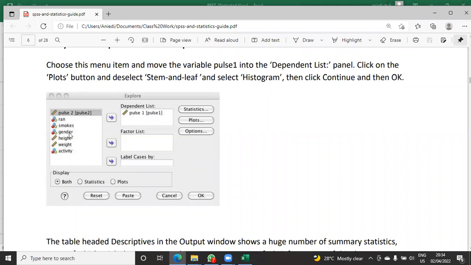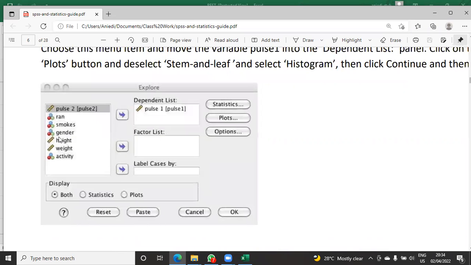So they check the pulse of people who do athletics. So people that ran, they took the pulse of people that smoke, and collected their gender. They took their height, their weight, their activity.